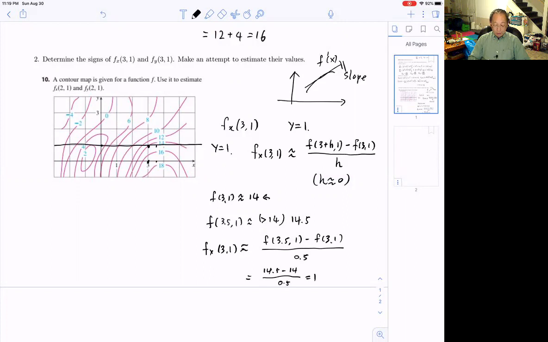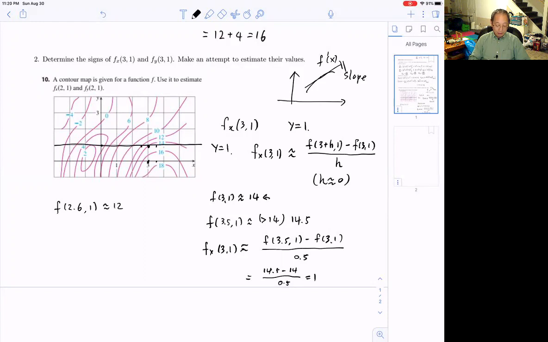Now if you move to the left, you can also try, and maybe you can take an average. So over here, right? That's approximately 2.6, okay? So we see that f(2.6, 1), where the 1 cannot change because we are moving along x, is approximately 12, right?